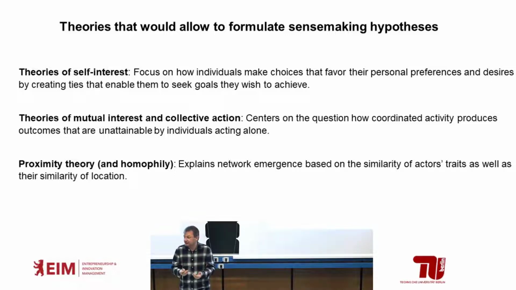It's a theory of self-interest. Therefore, you group up with other people. Or you realize that you can only enforce something to your advantage or the advantage of a group when you group up and protest as a group. That would be a theory of mutual interest or collective action.